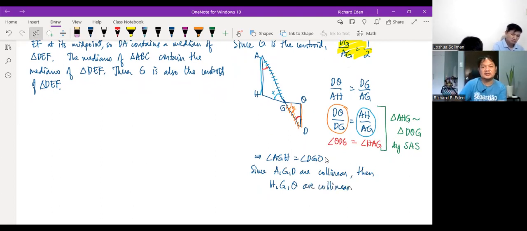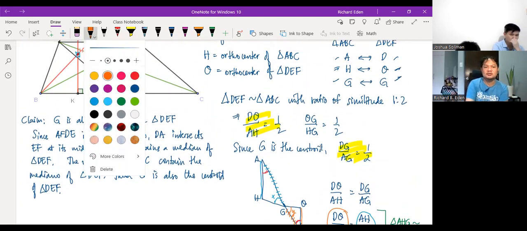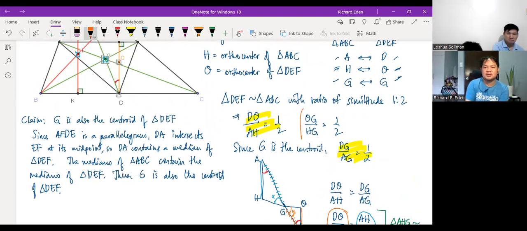So this justifies the definition of the Euler line as a line which passes through H, G, and O because they are truly collinear. And then the ratio of sides, OG to HG, 1:2, is something that we have already noted earlier.